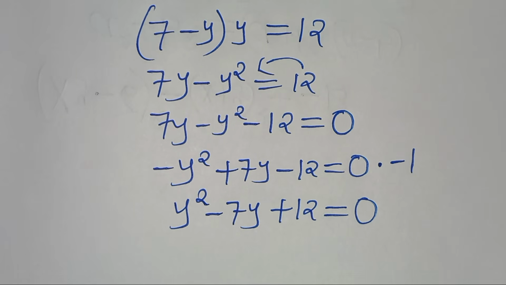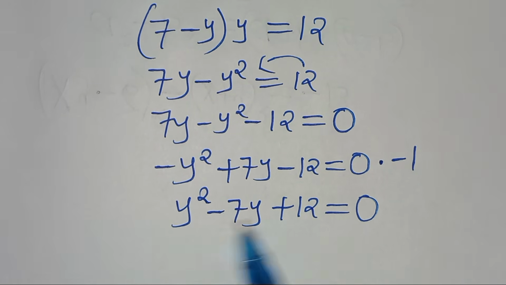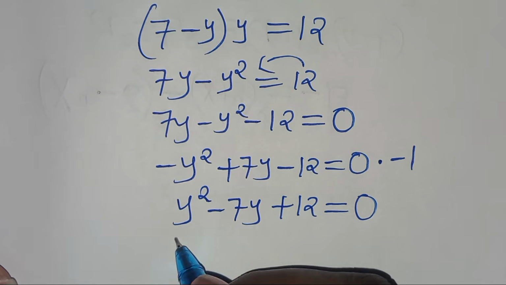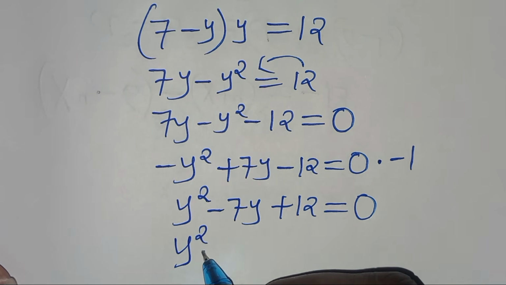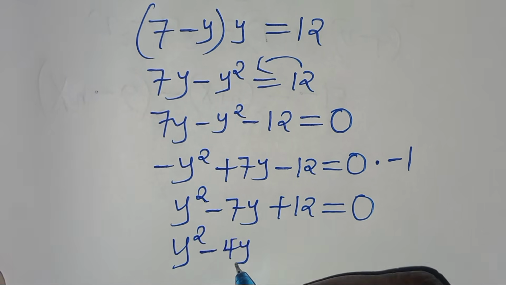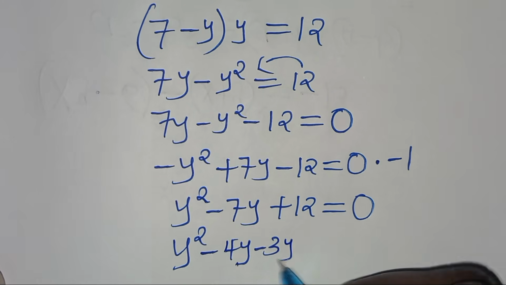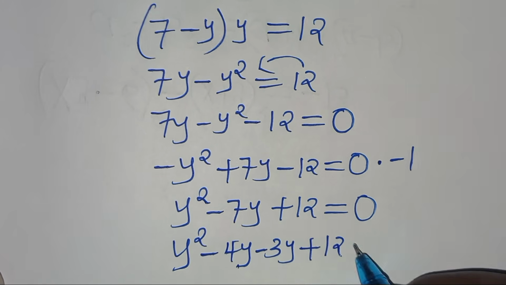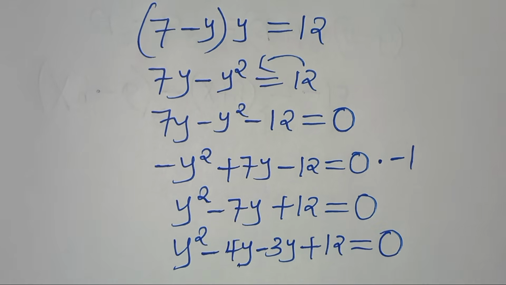So this is a quadratic equation. We can solve this by factorization method, where we have y squared minus 4y minus 3y plus 12 equal to 0.